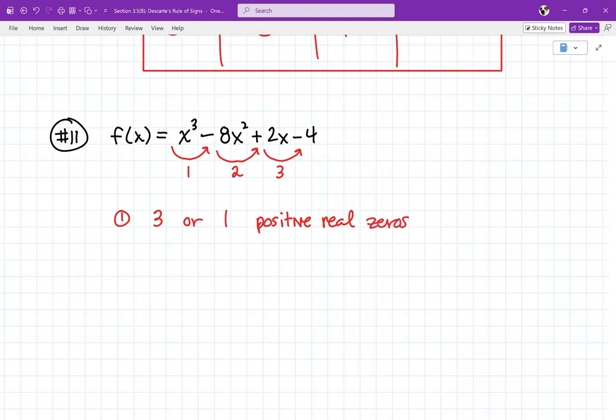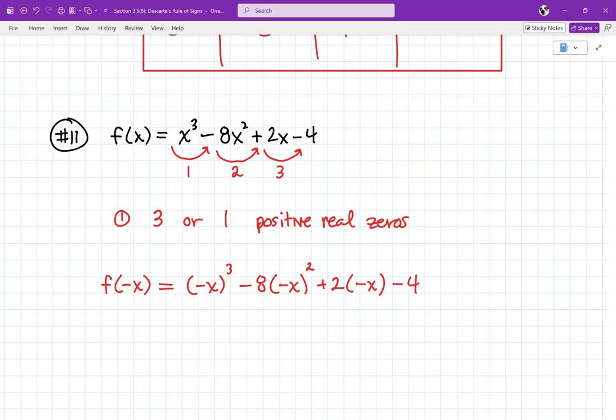Now, the next part is the tough part, the one I always used to struggle with when I was doing this in high school. Plugging in a negative x. So here we go. Negative x cubed minus 8 times negative x squared plus 2 times negative x minus 4.